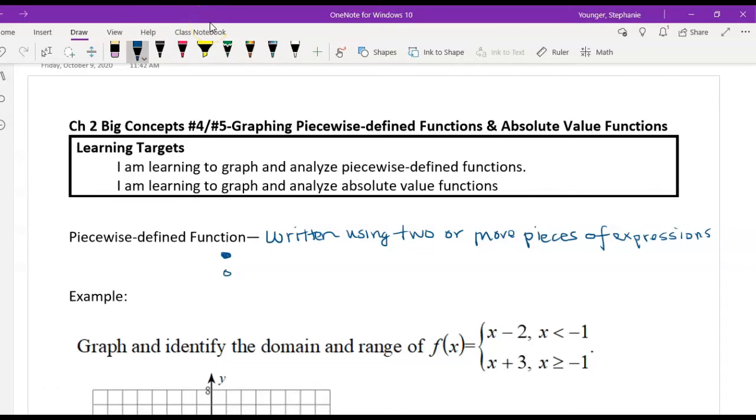And this means if it's a solid dot, you include the point on your graph. However, if it's an open dot, you do not include the point on the graph.